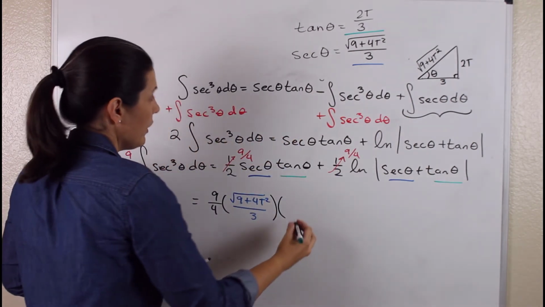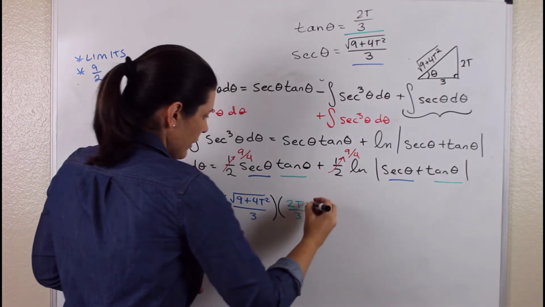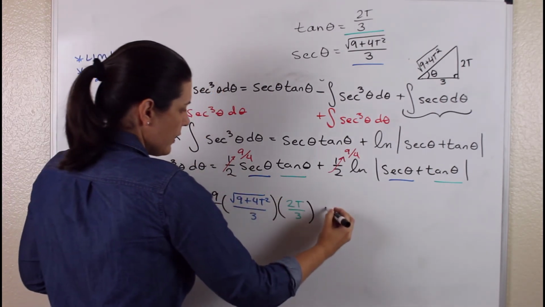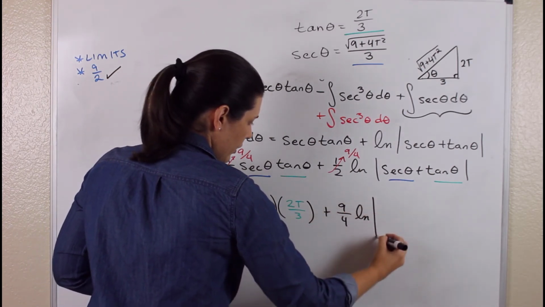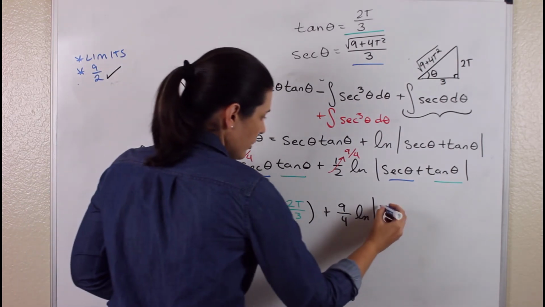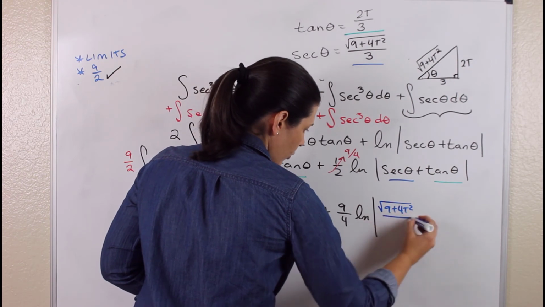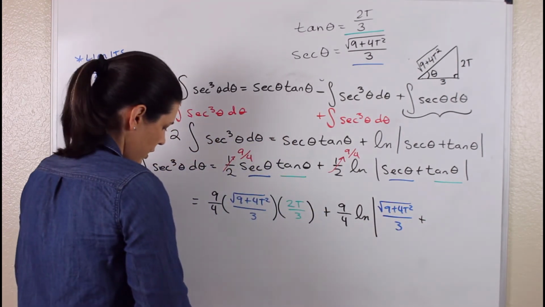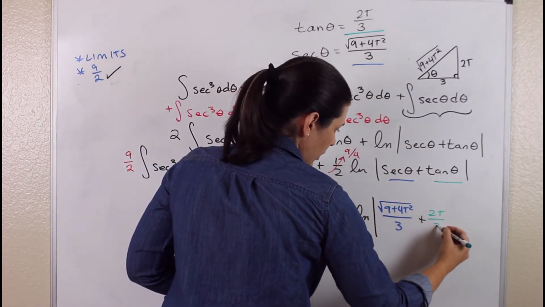So that's going to be 2t over 3. So that's this quantity right here. And then plus 9/4 natural log, absolute value, secant theta was the square root of 9 plus 4t squared over 3, plus tangent of theta, which was 2t over 3.